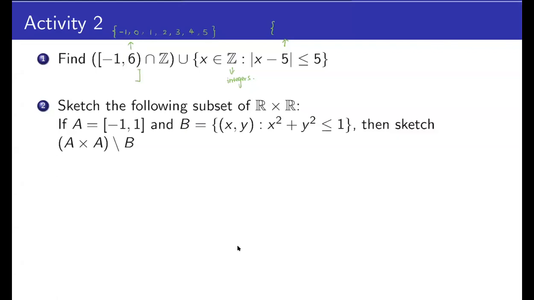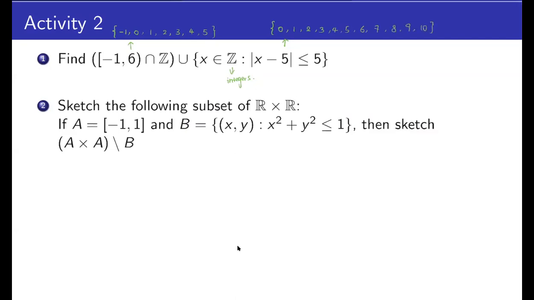But it's a round bracket, so it does not include 6. Yeah, you're right. From 0 to 10. So 0, 1, 2, 3, 4, 5, 6, 7, 8, 9, 10.